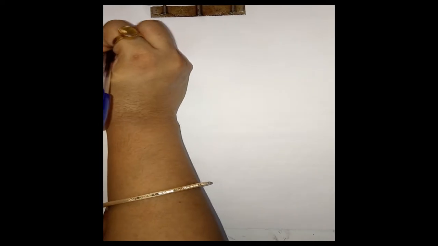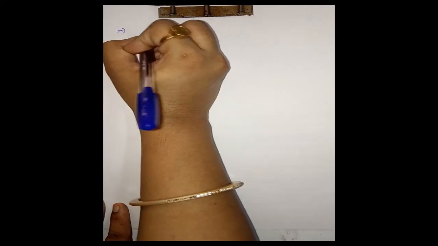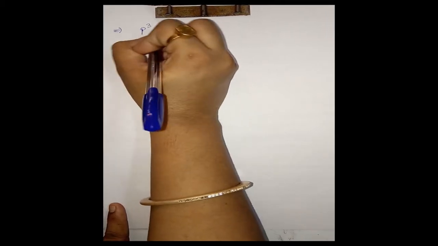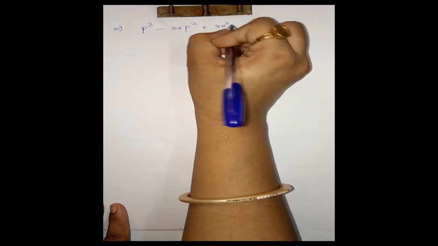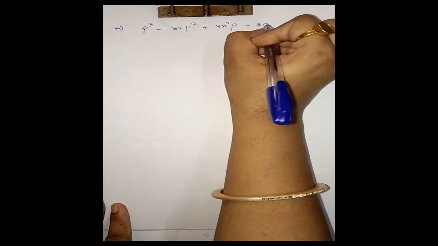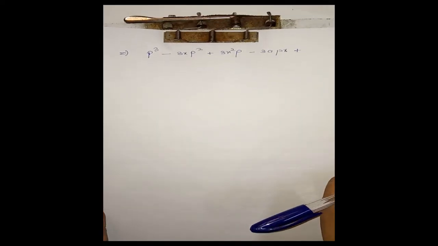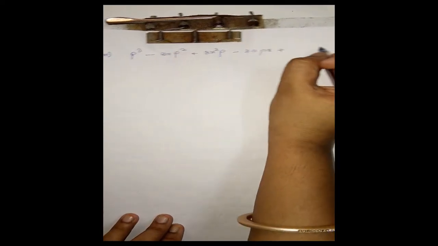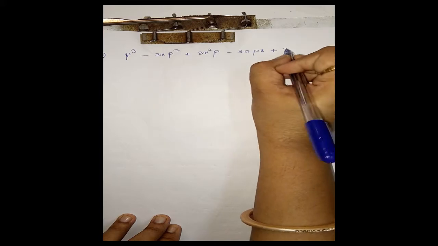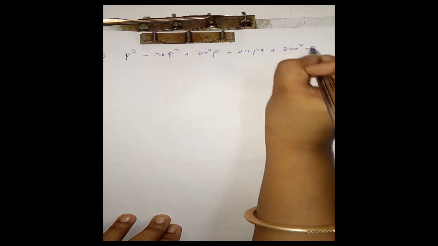Now here we see this can be simplified as p cube minus 3xp square plus 3x square p minus 3apx plus 3ax square is equal to 0.